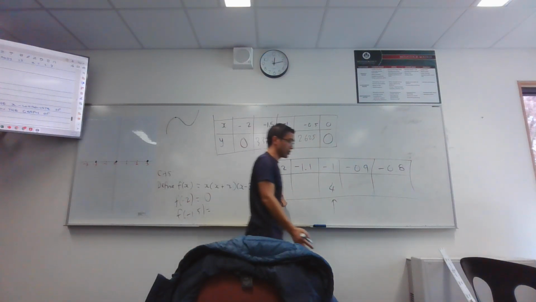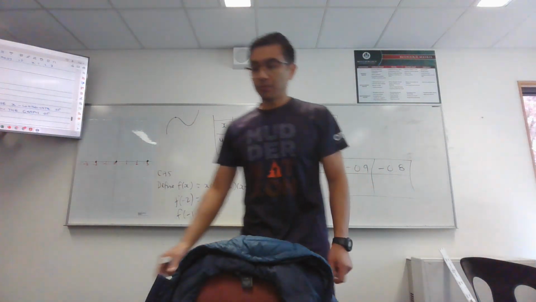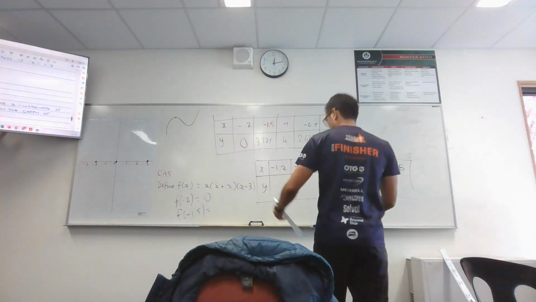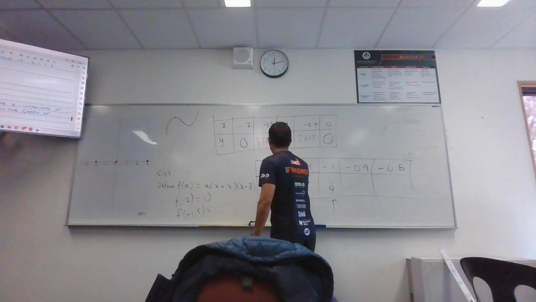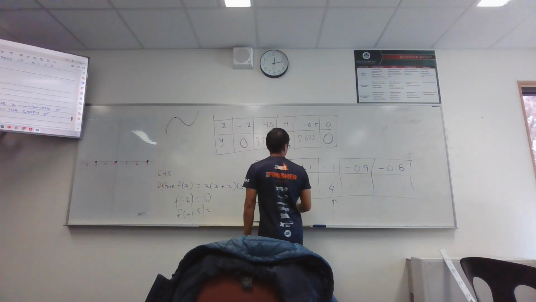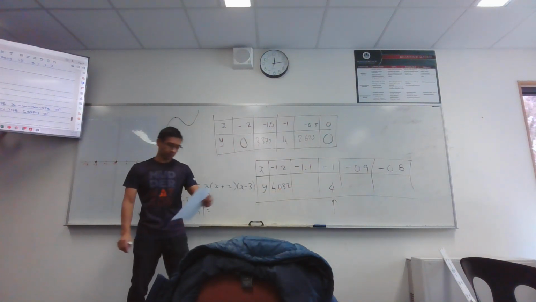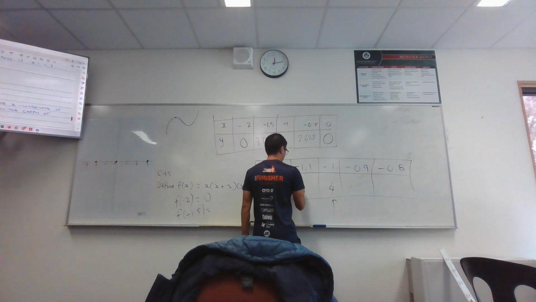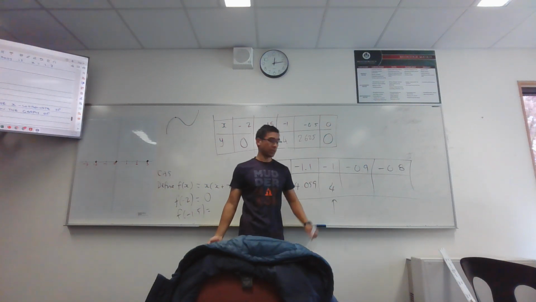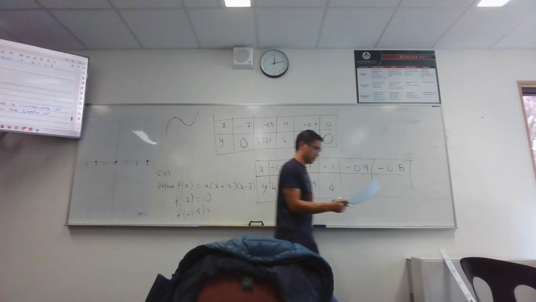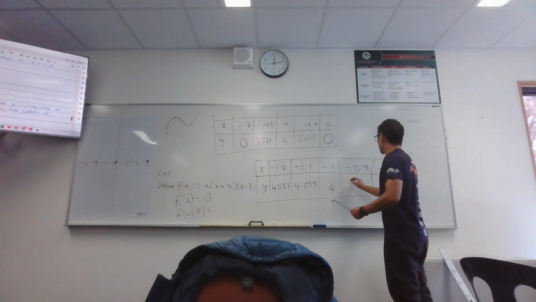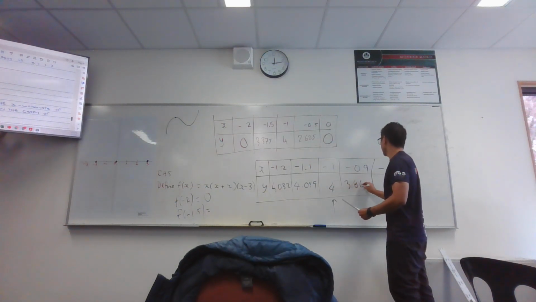Has anyone got negative 1.2? You just need to punch in f. 4.032. Okay. Negative 1.1, anyone? 4.059. Negative 0.9, anyone? 3.861.